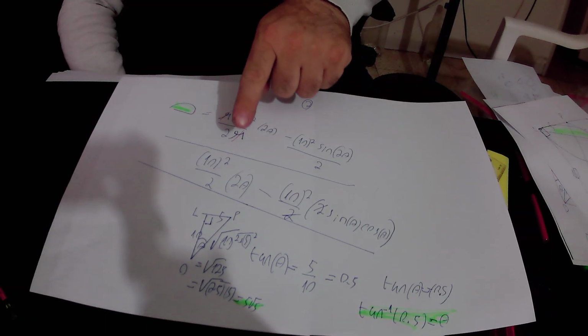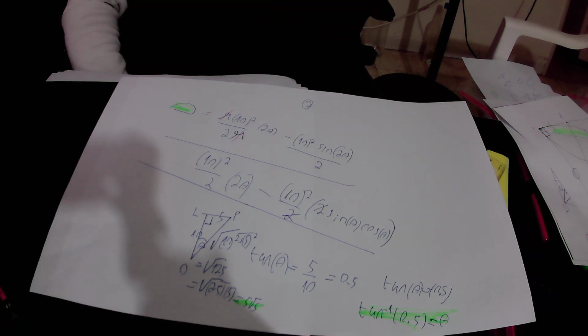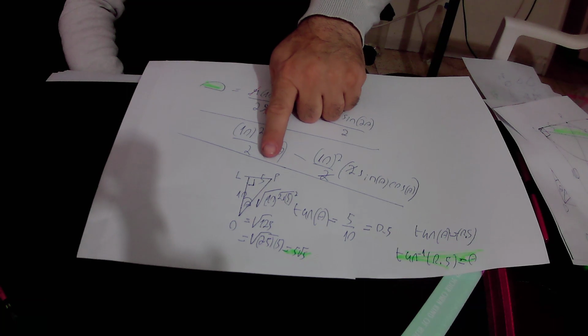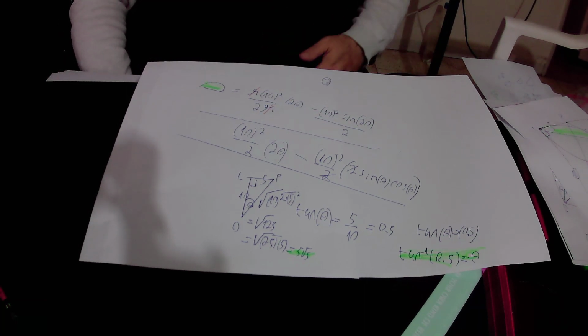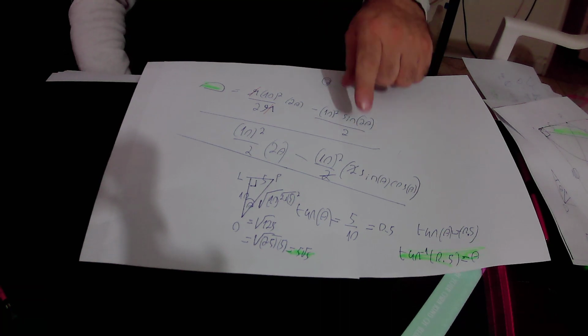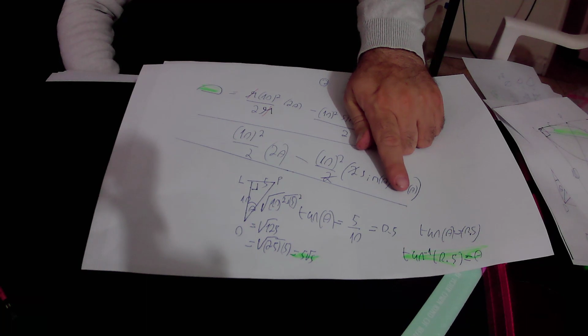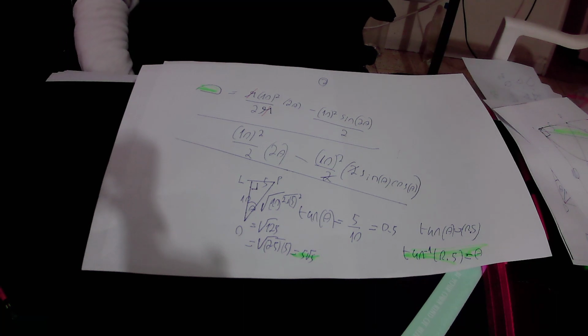Then I draw the right triangle OLP here, and tangent theta equals 5 over 10, that is 0.5. Then we applied the inverse function on the result, and we got tangents minus 1 of 0.5 equals theta.